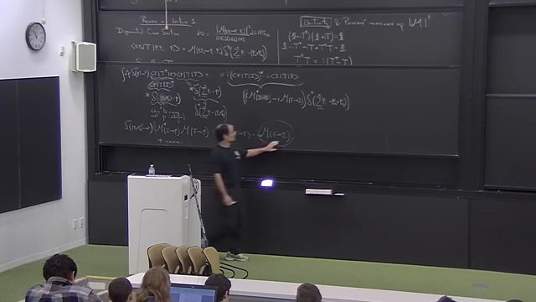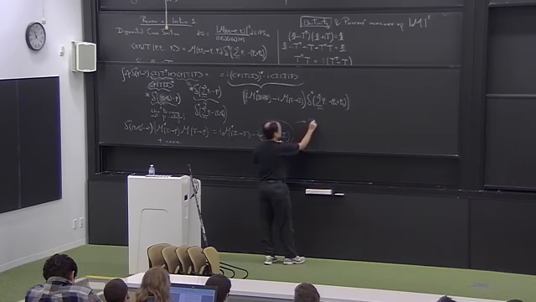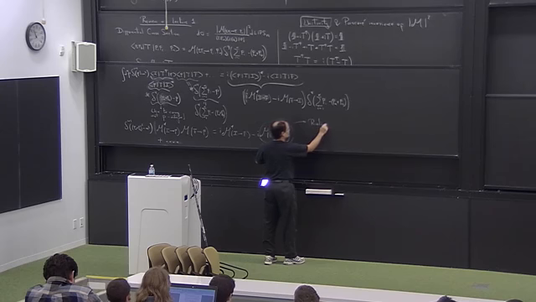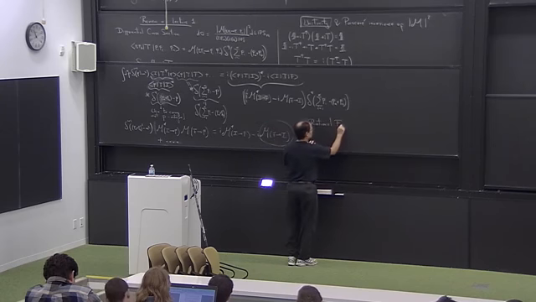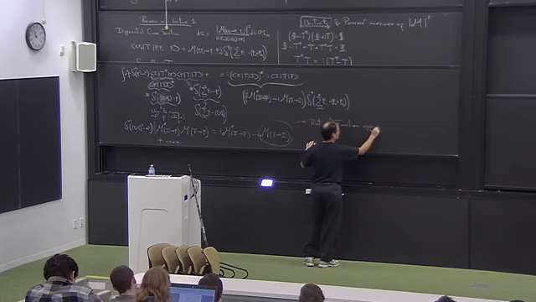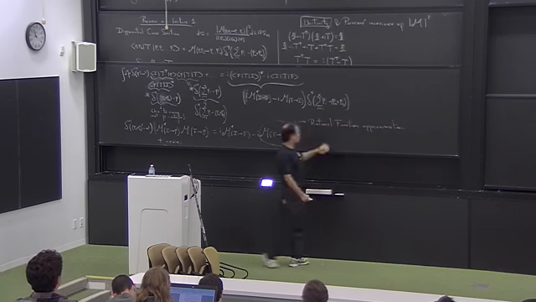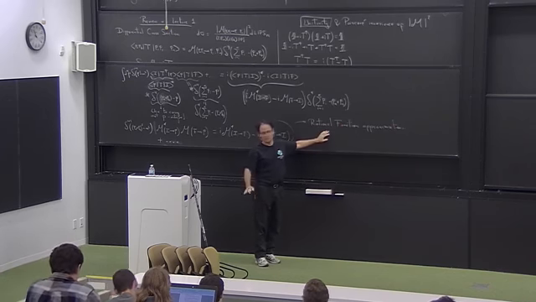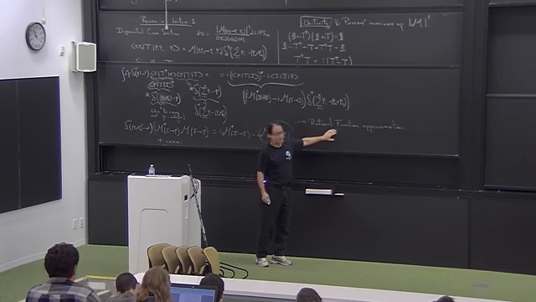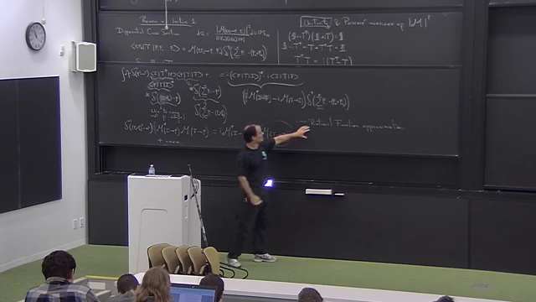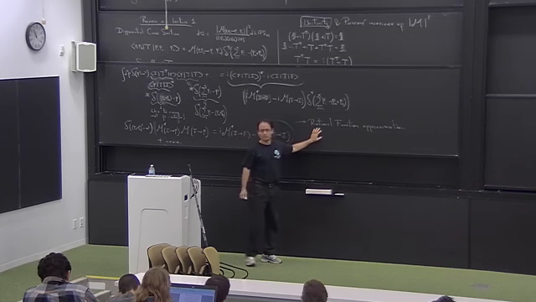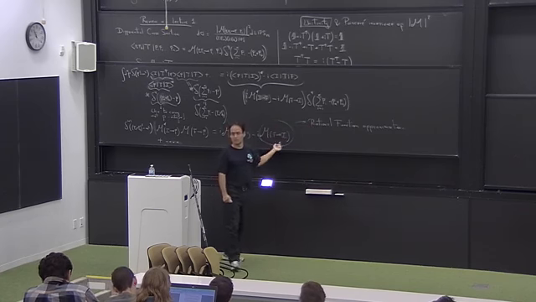So I'm going to work in something that I like to call the rational function approximation. Once again, you will not find this terminology anywhere, so I just made it up, okay? So I'm going to assume that this function is a rational function.